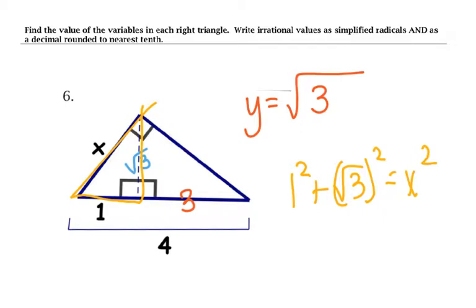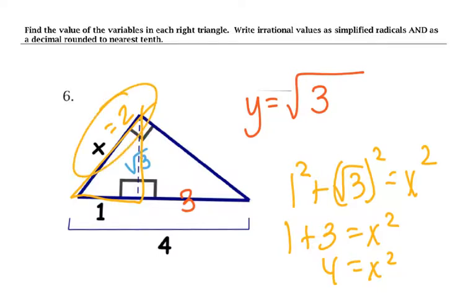So Pythagorean Theorem: 1 plus 3 equals x squared. So 4 equals x squared, which means x is equal to 2. And so I was able to find that nicely, even though I had some missing parts that otherwise I wouldn't have known how to deal with.